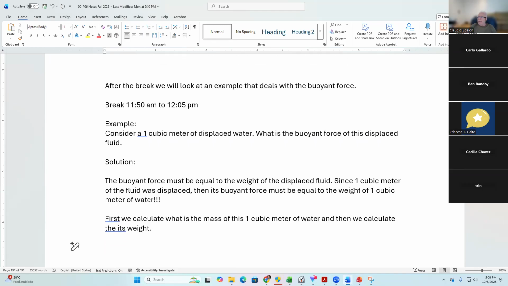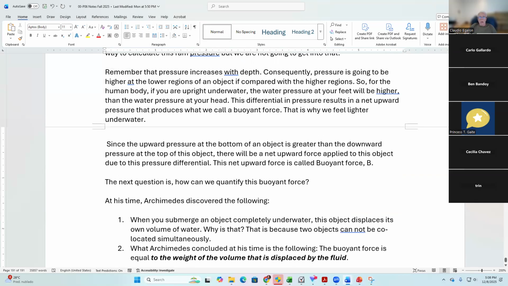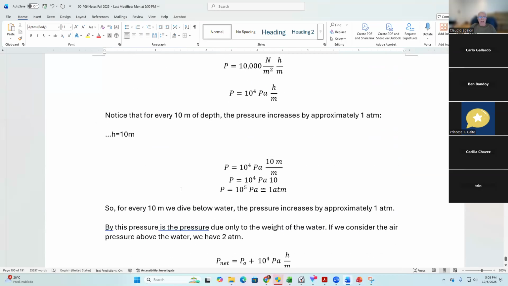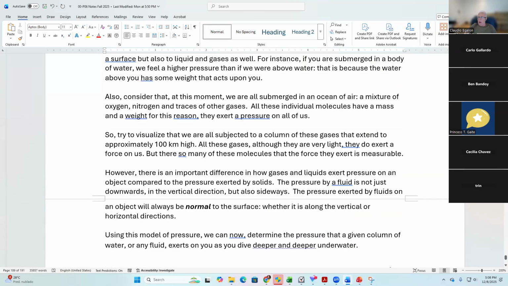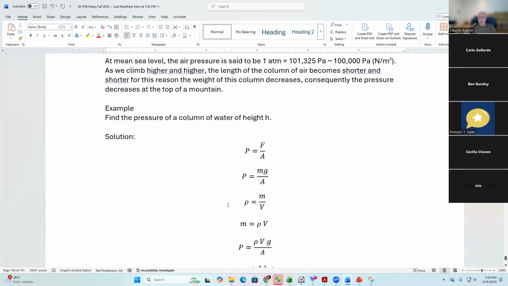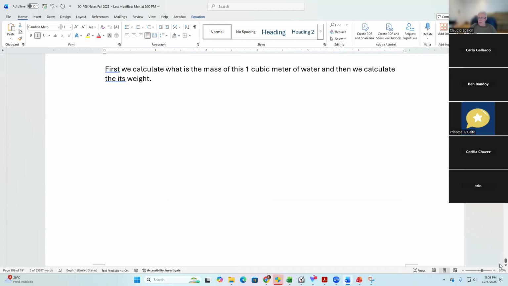So in order to calculate the mass, we go back to the equation of the density that we got before. Right in here, this one, this one's already converted. Mass of the displaced fluid is going to be equal to the density of the water times its volume.